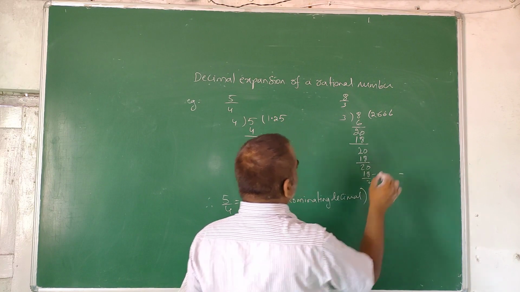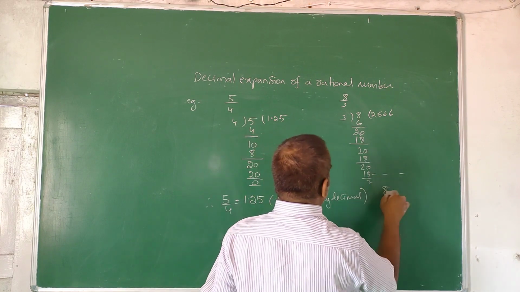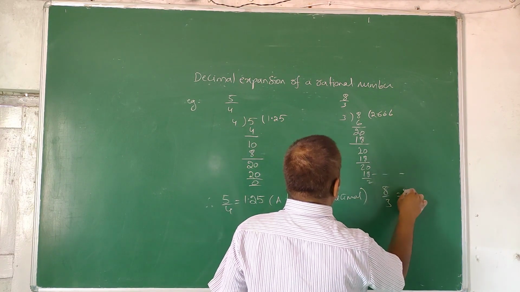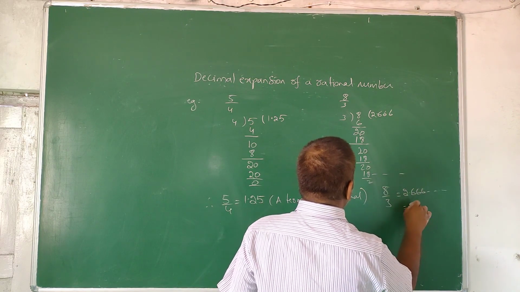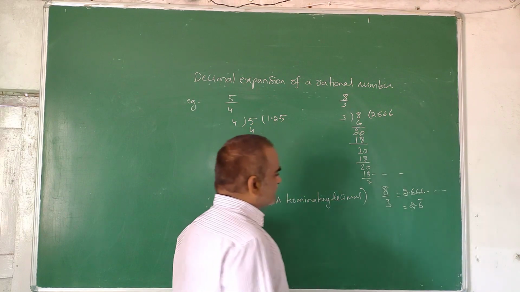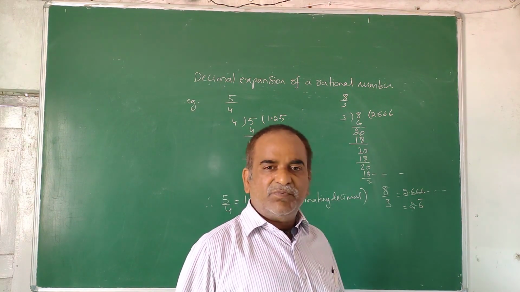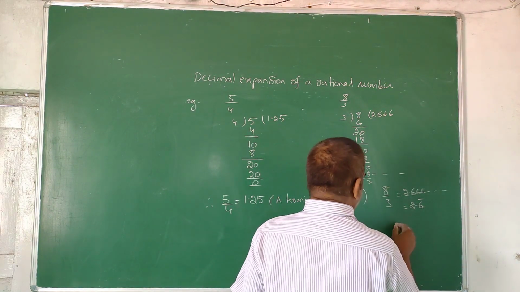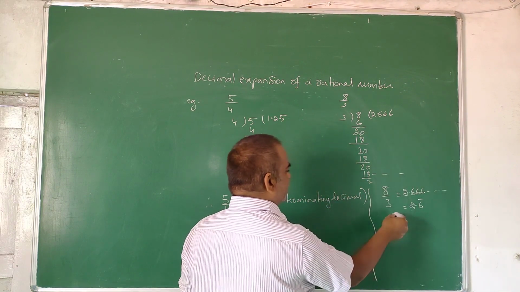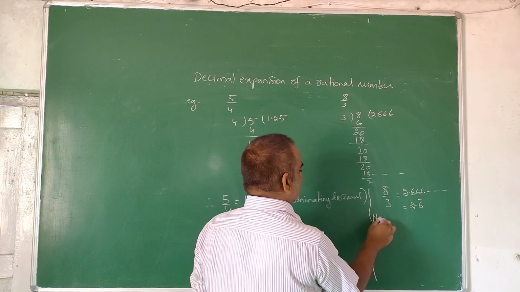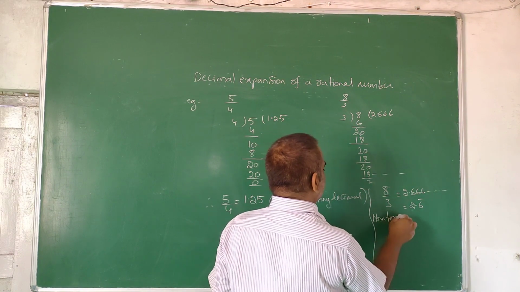So this 8 by 3 is equal to 2.66666, like this it goes on infinitely. So this is 2.6 bar. It is represented as 2.6 bar. So it is a non-terminating recurring decimal.